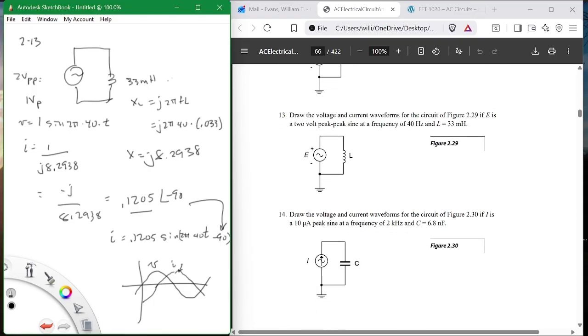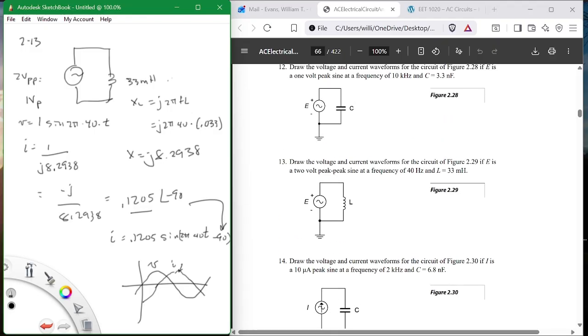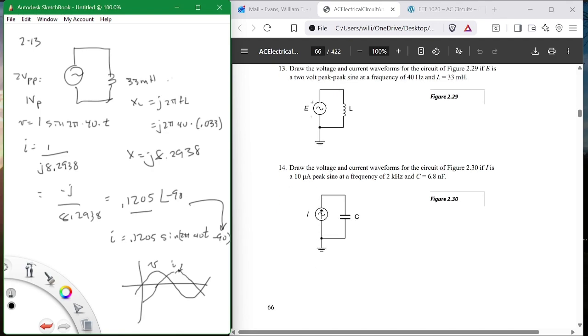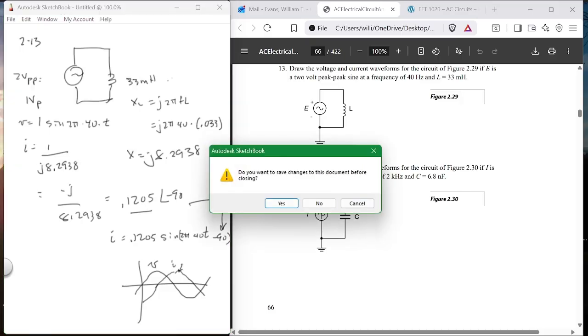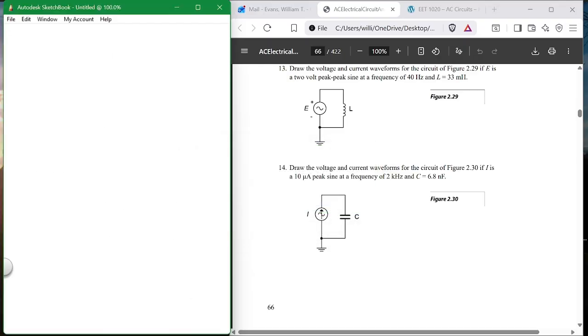All right, so what do you think happens with current through a capacitor? I'm not going to do this one for you. I'm just going to ask you, what would you think the equation for current would look like if you had this picture in your mind for number 14?